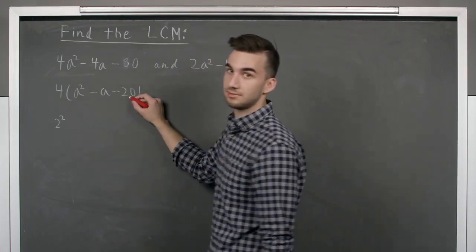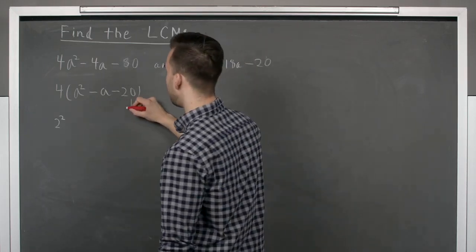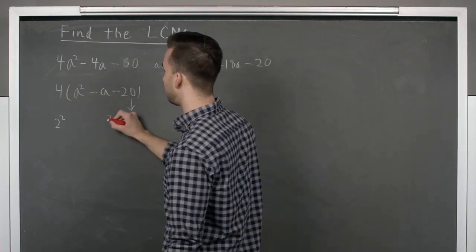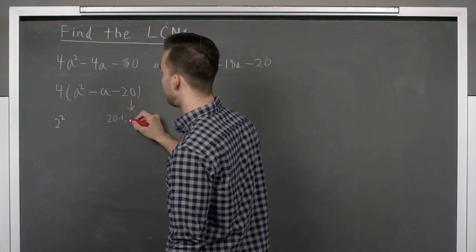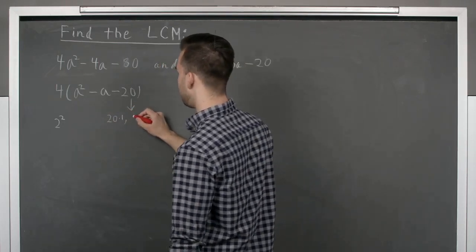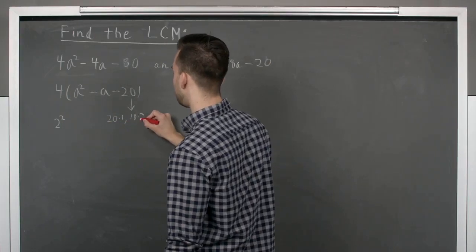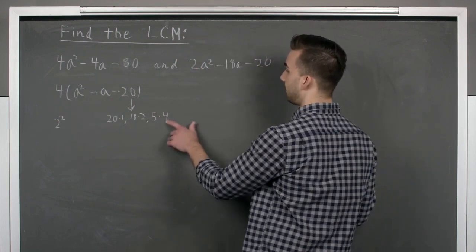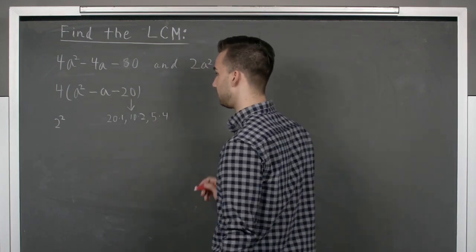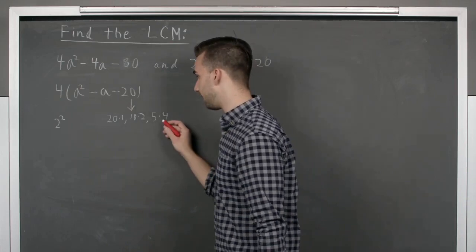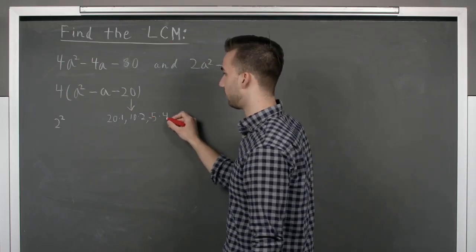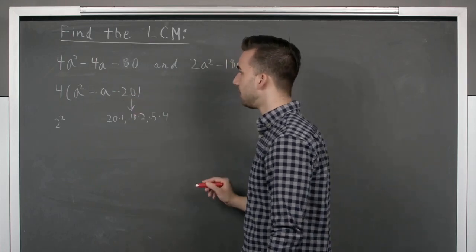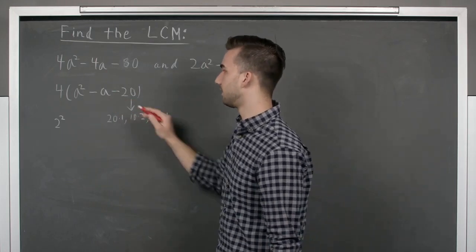Well, we just need to find factors of 20 that will add up to give us our second term, right? So we have 20 times 1, and then we have 10 times 2, 5 times 4. Okay, there we go. Now that looks like something that will add up to give us negative a. So what do we need to do that? We need a negative 5 plus 4 will give us negative a. And if you multiply them, it'll give you negative 20. So yes, we can factor this.